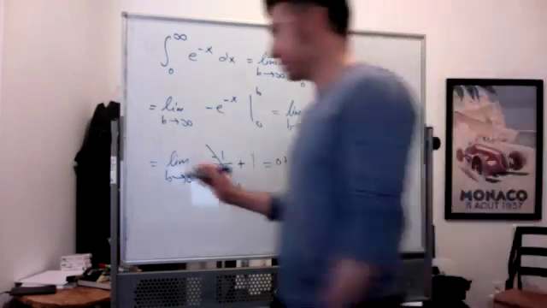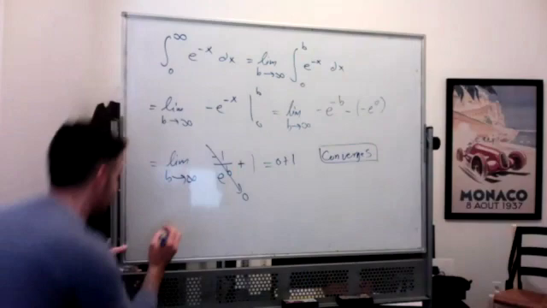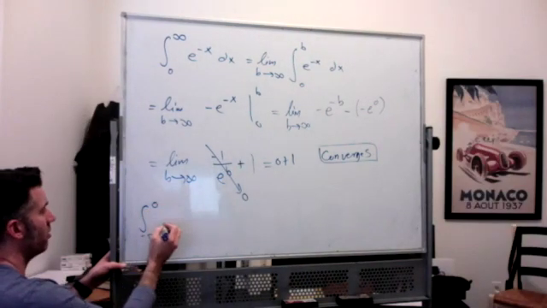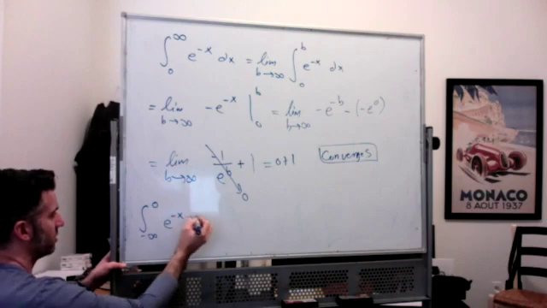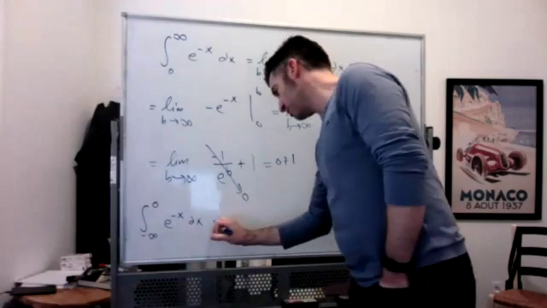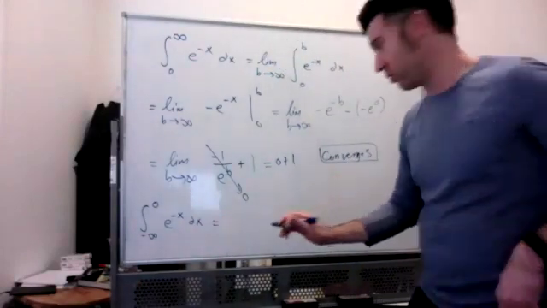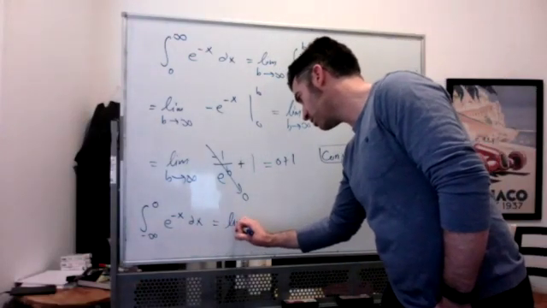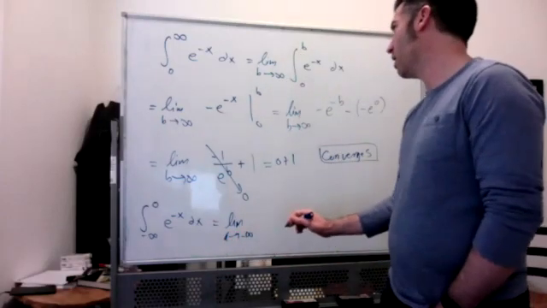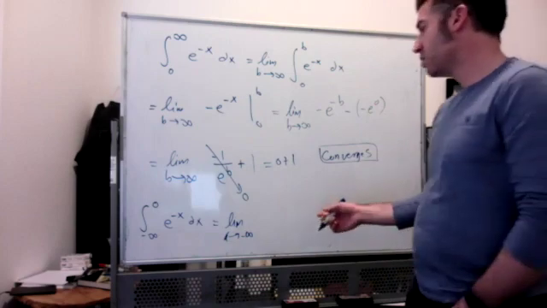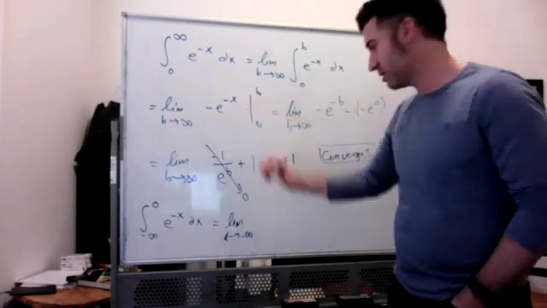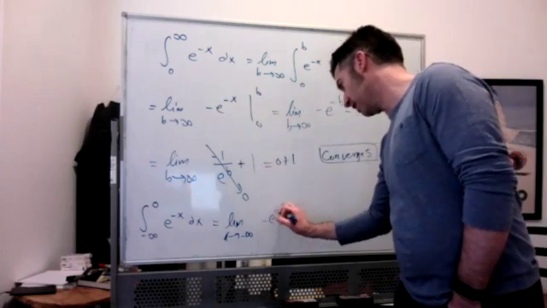Okay, let me ask the same question, except now we're going to do the integral from -infinity to 0 of e to the negative x. Let's take a look. This is equal to, so I'm going to cut a corner or two here, the limit as a goes to -infinity of, we know the integral is already -e to the negative x.